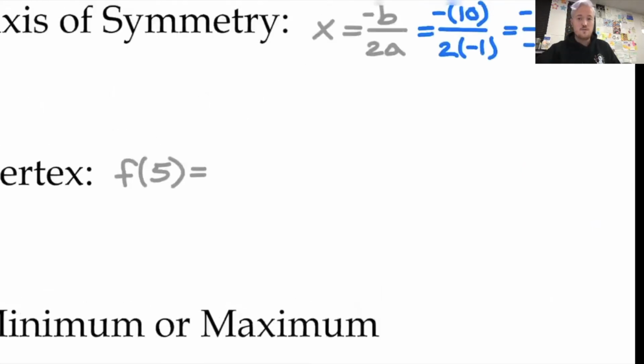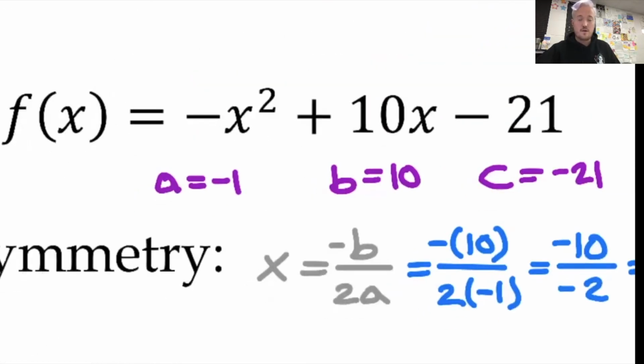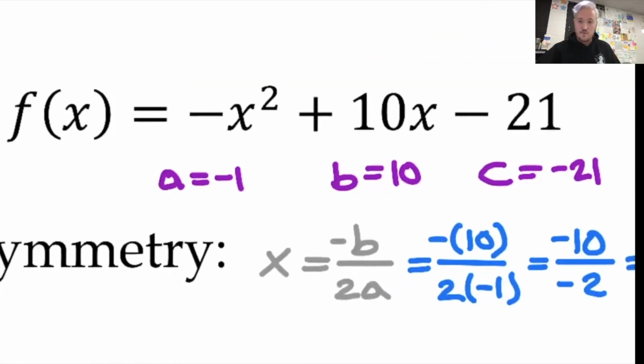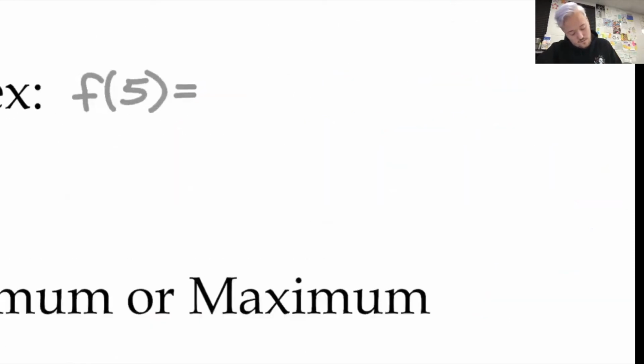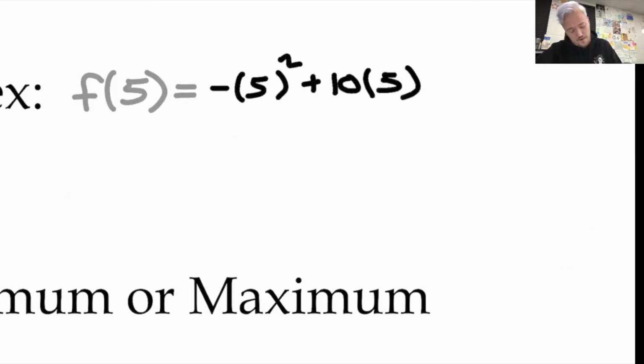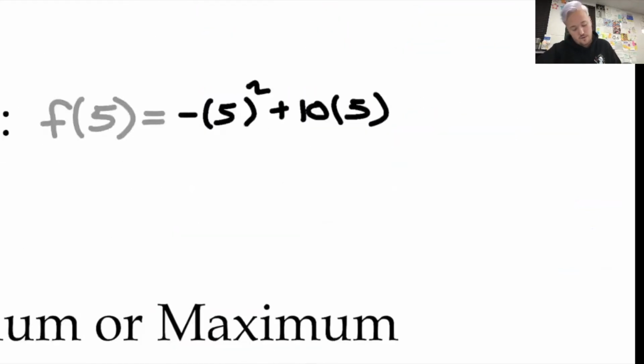For every x value in my equation up here, I'm going to plug in that 5. So I'm going to have -5 squared plus 10 times 5 minus 21.